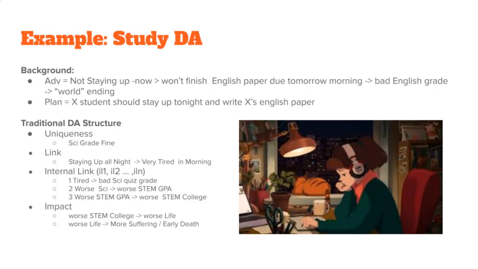A worse STEM college might mean you have a worse life, and a worse life means more suffering, early death, longer hours, all that type of stuff. The traditional disad structure should make sense. It's like an advantage, so the opposite of an advantage, with the same sort of components. So we have a science pop quiz DA that we're talking about here.